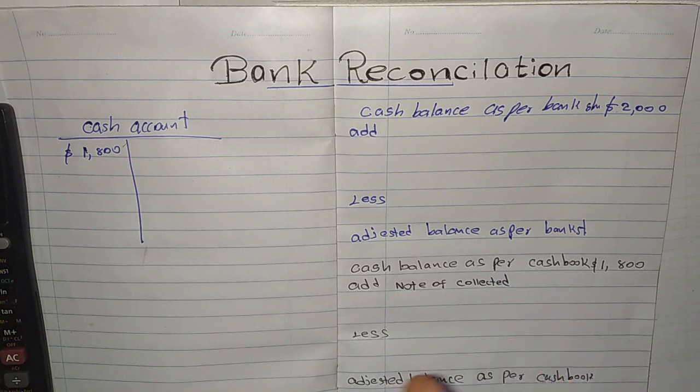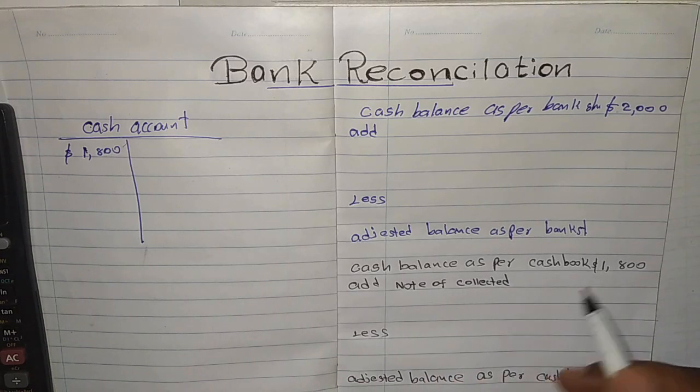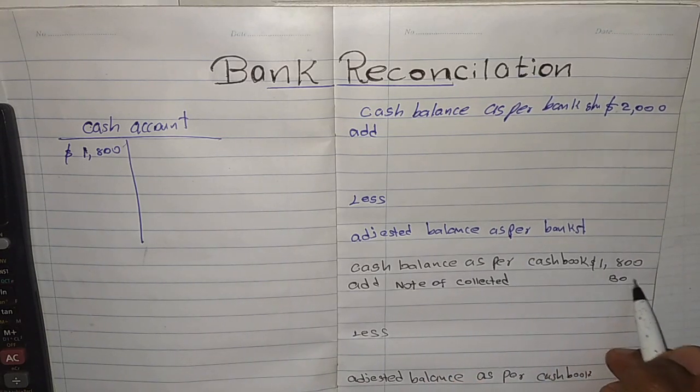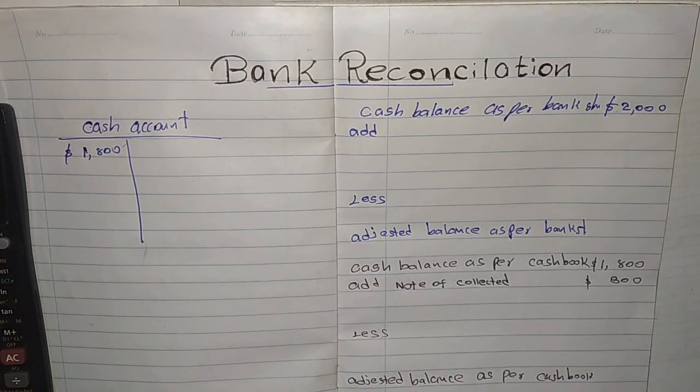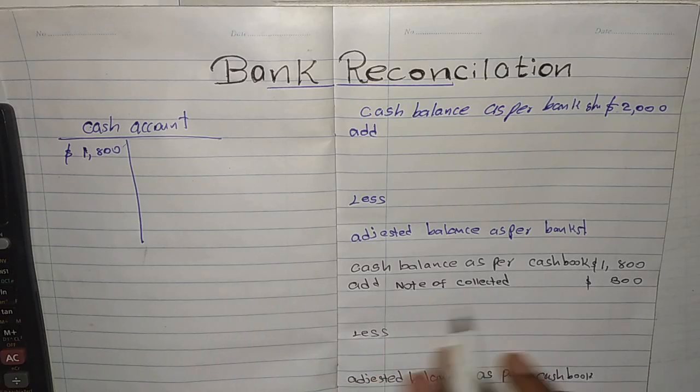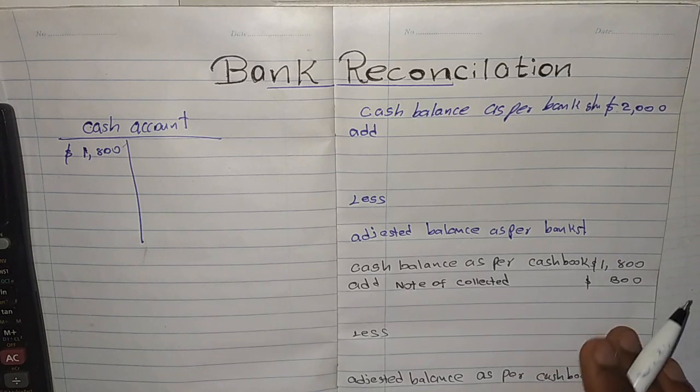Instead of the customer sending us a check in the mail, it sent it directly to our bank, and the bank then deposited it to our account. The amount of the note that was collected was $300. And we are going to add that to our general ledger cash account.